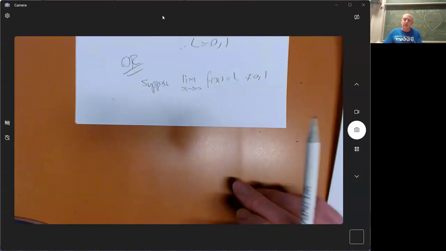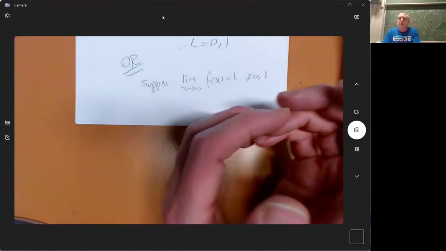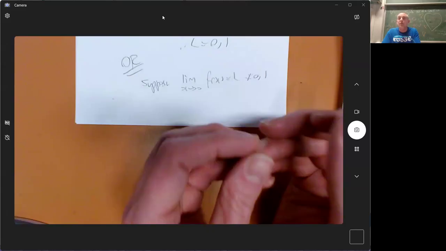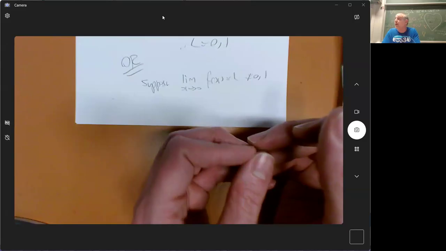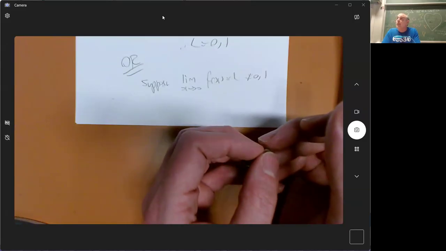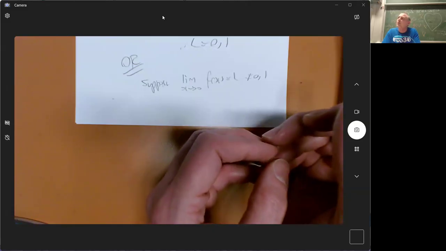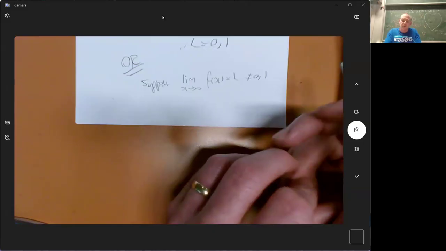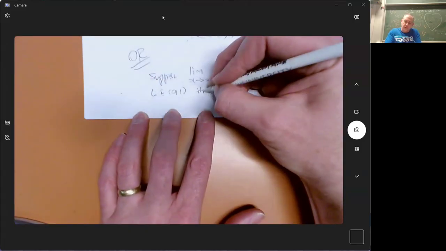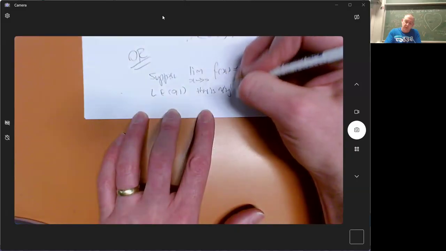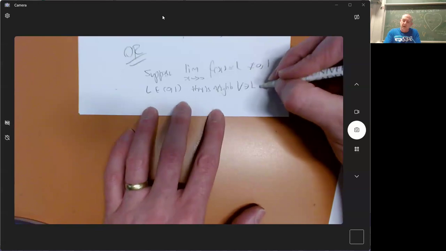So you would say, consider the neighbourhood. Since L is not equal to 0, 1, it must be possible to choose a neighbourhood around L that does not contain 0 or 1. I still think you need to say what if L was inside the interval and what if L was outside. So if L is in 0, 1, there is a neighbourhood V containing L outside 0, 1.